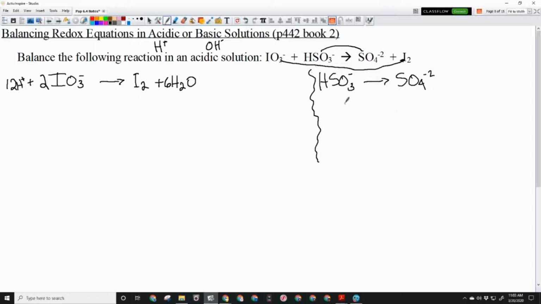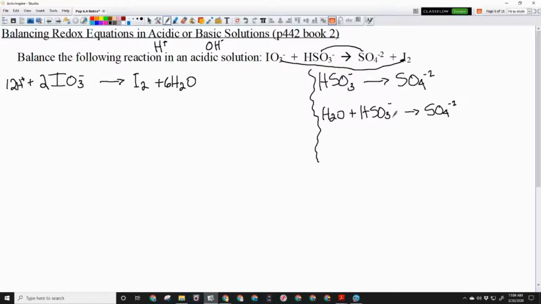Okay, now I want to do the same thing to the other side. HSO3 to SO4 2-. We have 1 sulfur here, 1 sulfur here, so we're good. We want to equalize the oxygens by adding water. If we have 3 oxygens here and 4 oxygens here, we want to add water to this side. So I'm going to have H2O plus HSO3 minus, and this is going to yield SO4 2-.